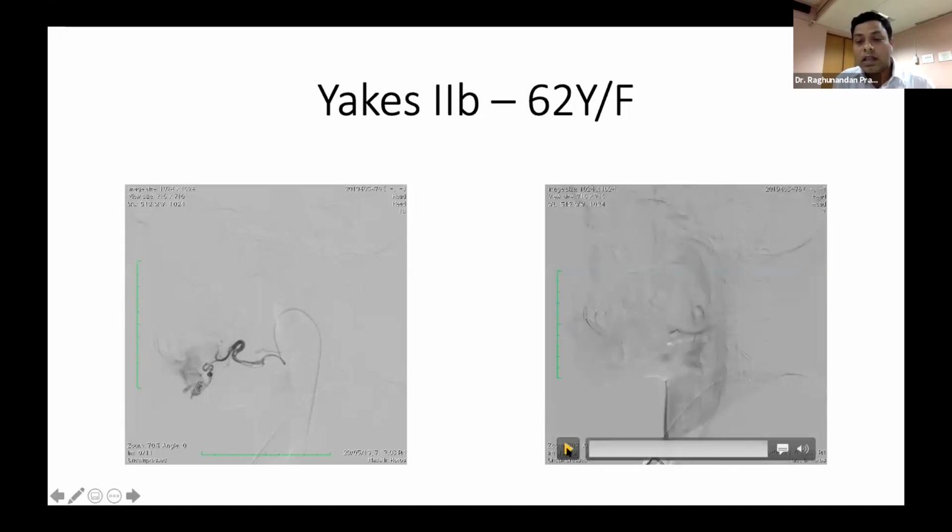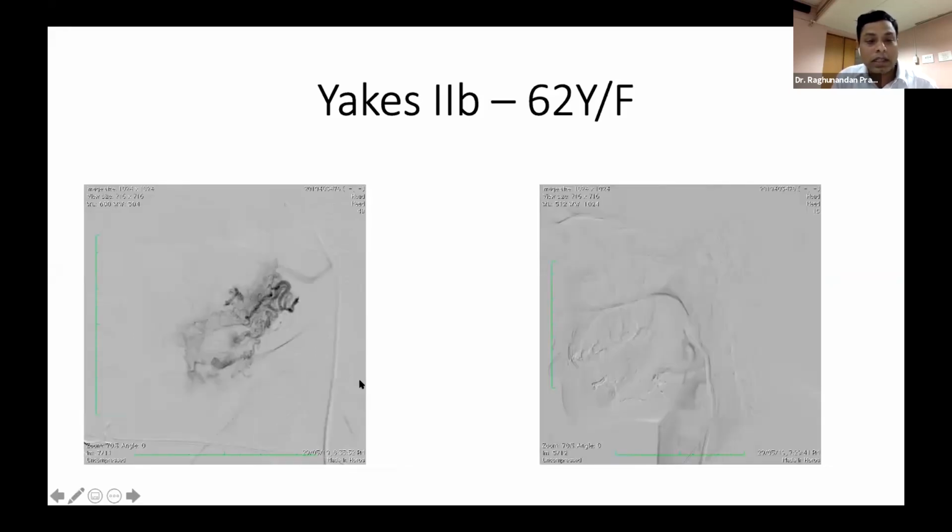This is the left ECA run, and you can see a bunch of shunting and a dilated vein draining into the vein inside this mandibular bone, which was causing the erosion. We super selectively cannulated all the channels, and it was again a very difficult case to treat.